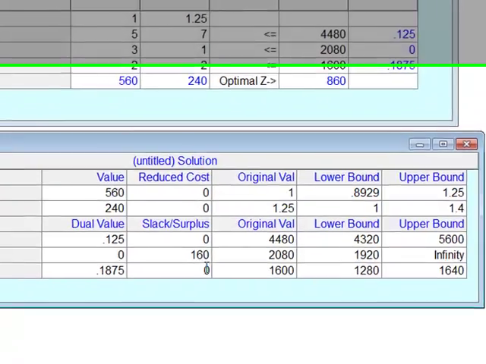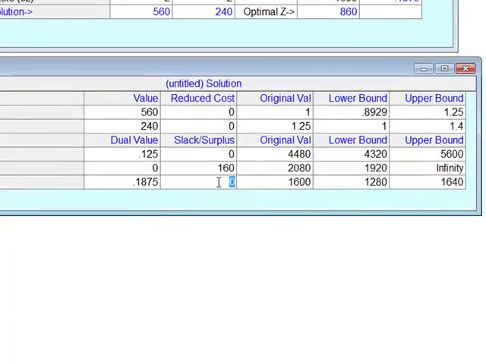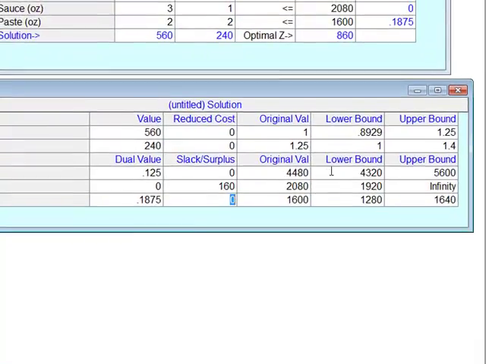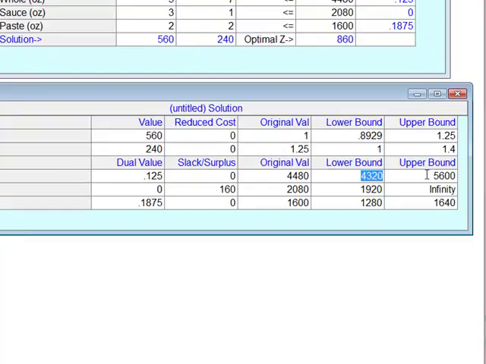Same interpretation here for the paste. Keep in mind that our lower bound and our upper bound help us make conclusions about what the value of the objective function will be.